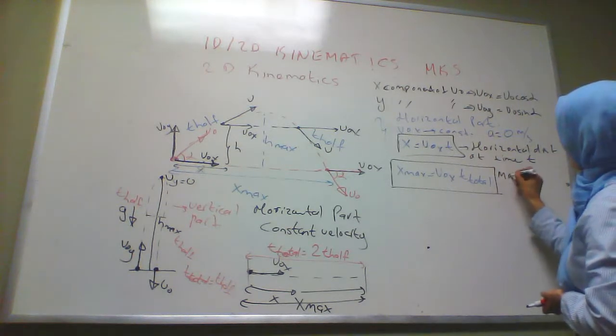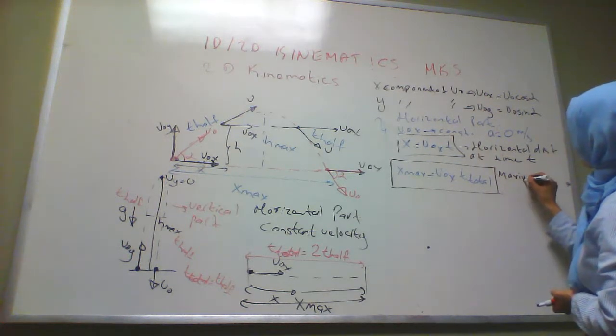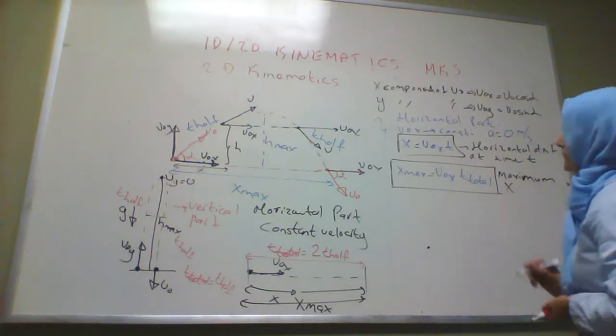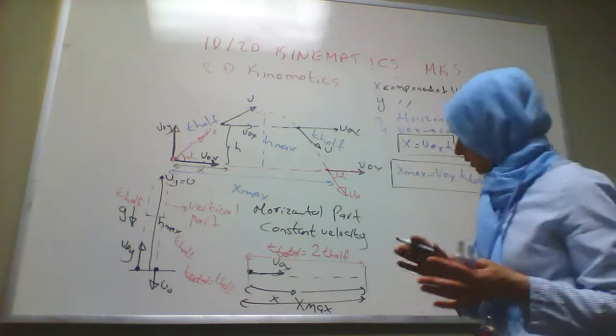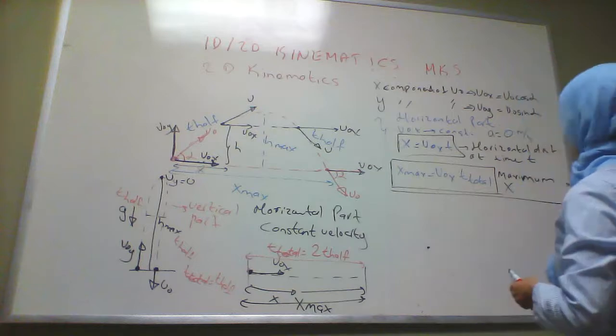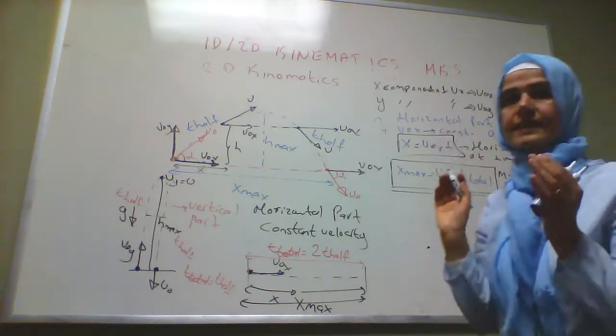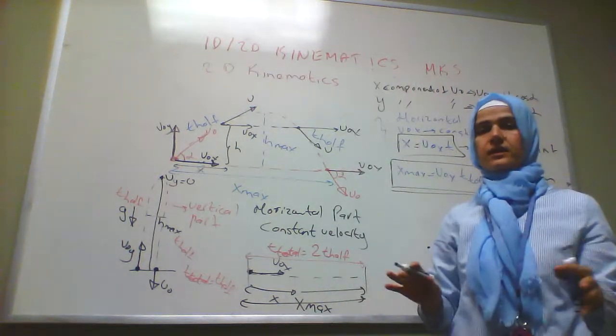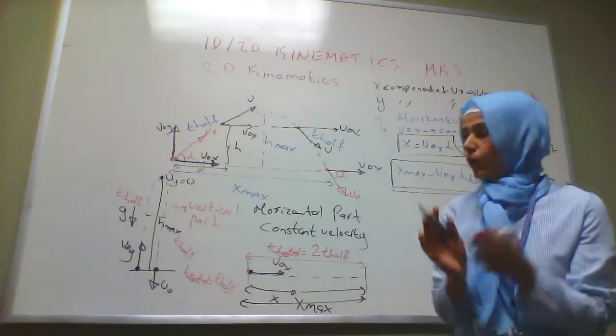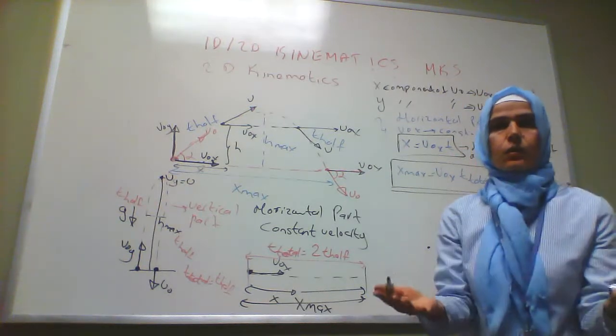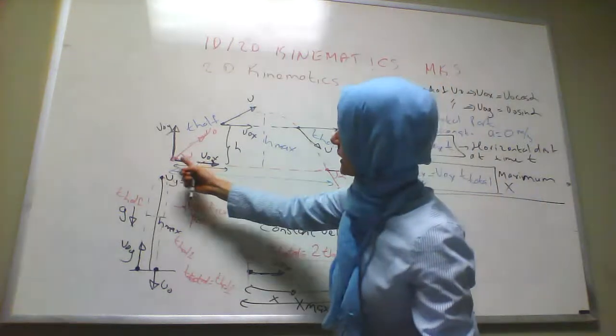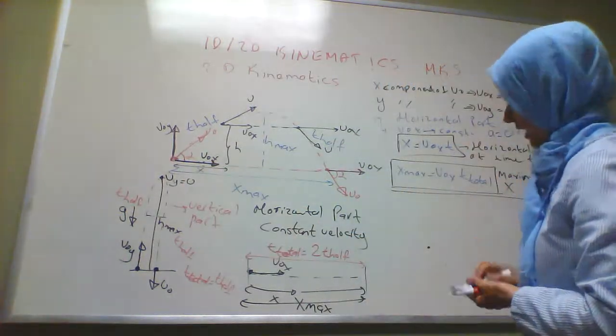So maximum x, let me call that x max to be short. This is horizontal motion. Vertical motion is exactly the same as free fall. Only now instead of v0, we have v0y. We have the y component because we have another component of motion now, and that is all.